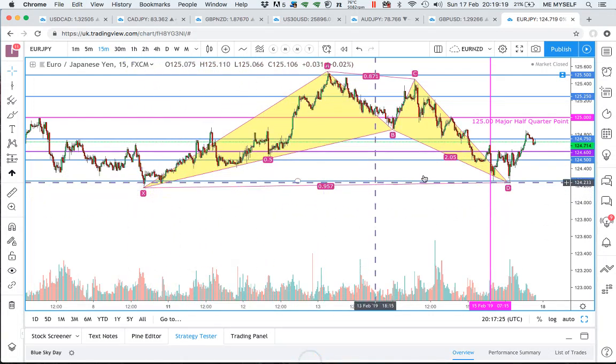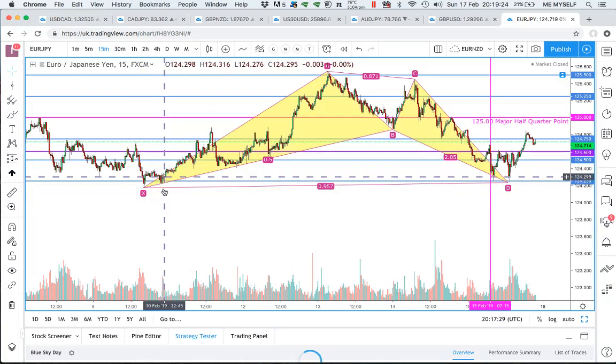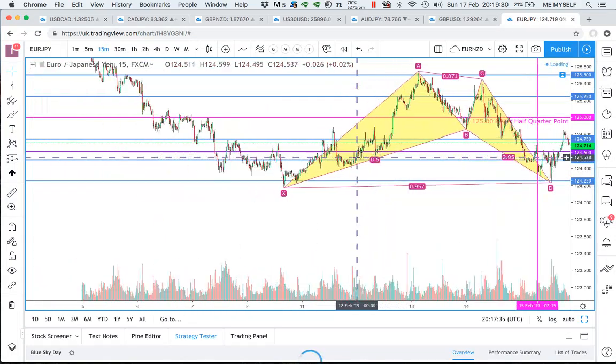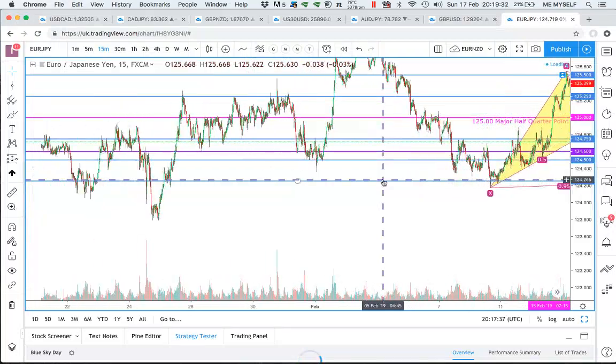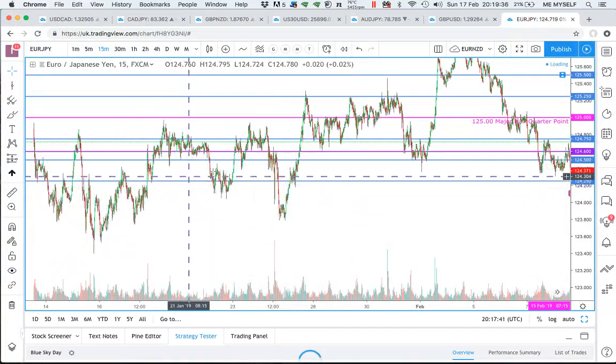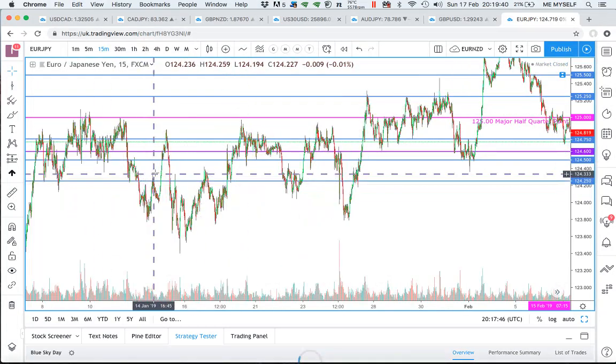So right here, we could see that we had a support, right? Double top or a double tap, double bottom, and then it took off to the top. But if we go back into the past, that price was acting as support and resistance as well.